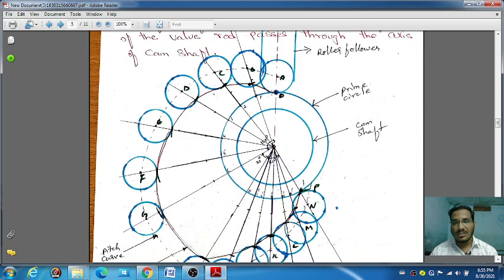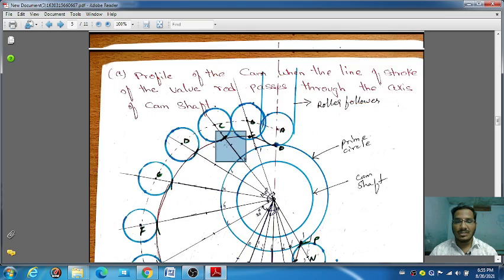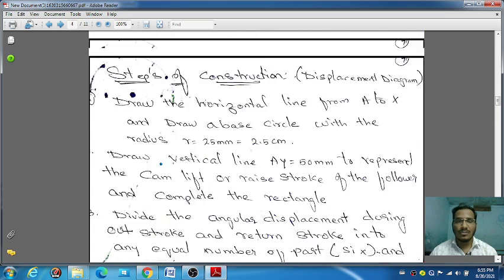Point 0 means the curve is here only. For 1 to B, put the compass at this point and cut an arc on this line like this. How will you get this distance? You have to go through the displacement diagram.